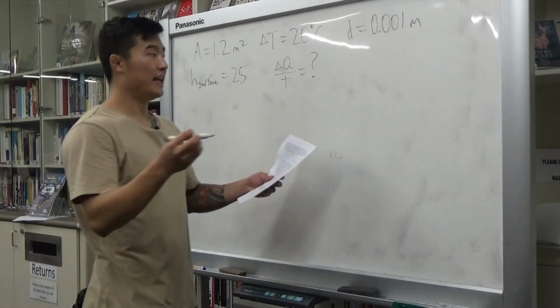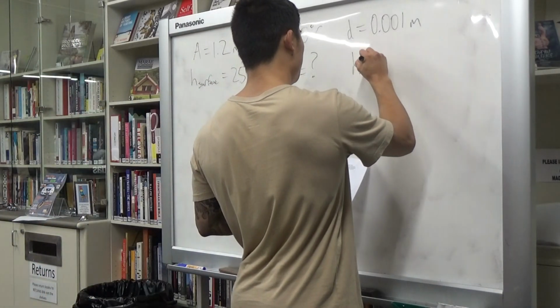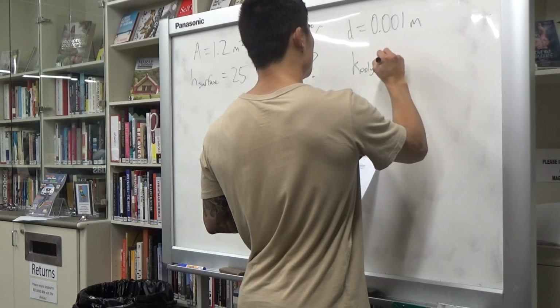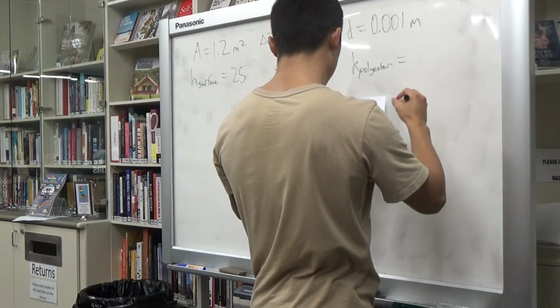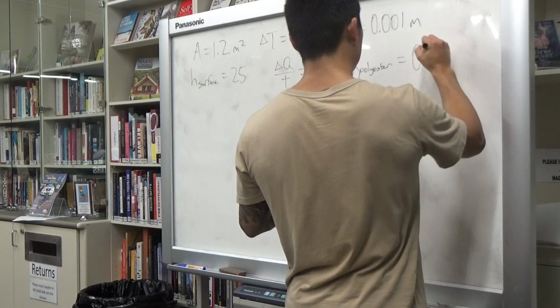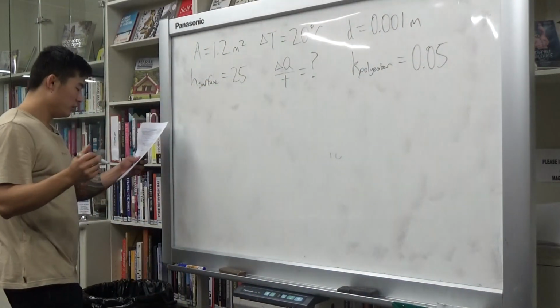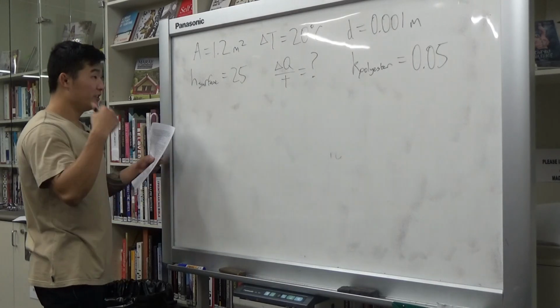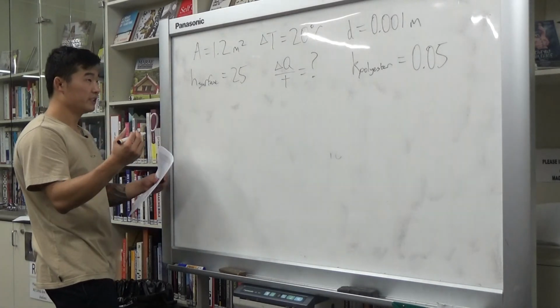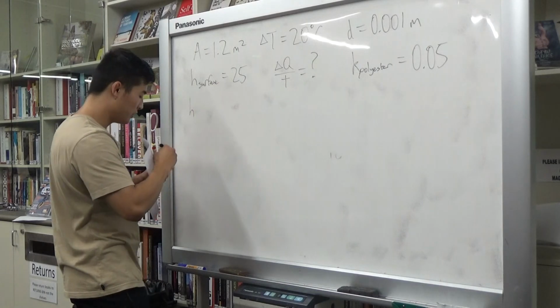And we know that the K, the thermal conductivity of polyester, is equal to 0.05. Okay, so we need to find H total.